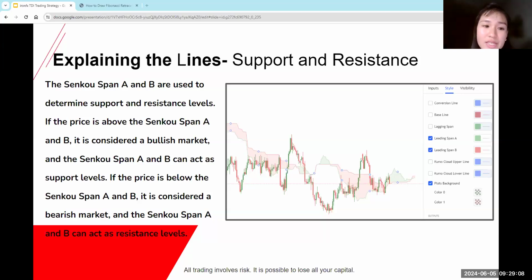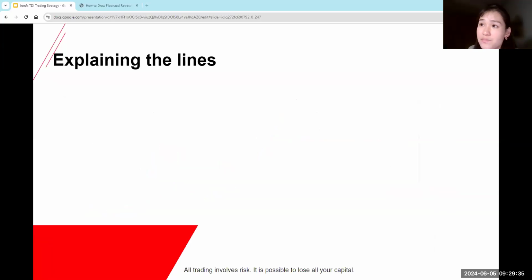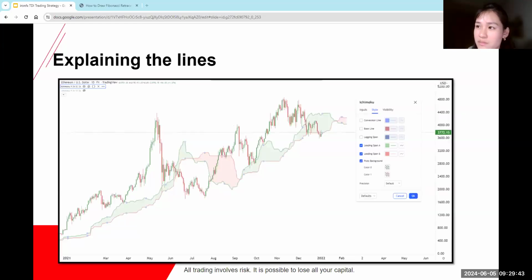If the price is above line A and B, then it's considered a bullish market, and A and B can act as support levels. And if the price is below A and B, then it's considered a bearish market, and A and B act as resistance levels. So it's pretty much the same concept as what I mentioned about the cloud. Here is A, here is B. Here they are together. These basically outline your cloud. So here's the cloud.